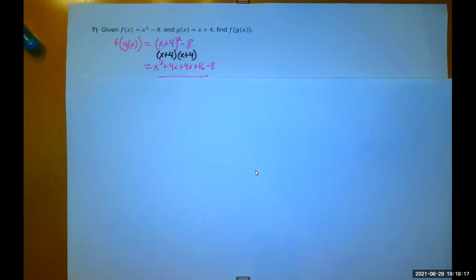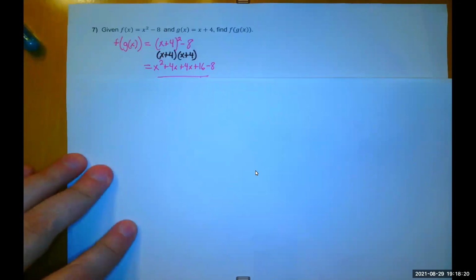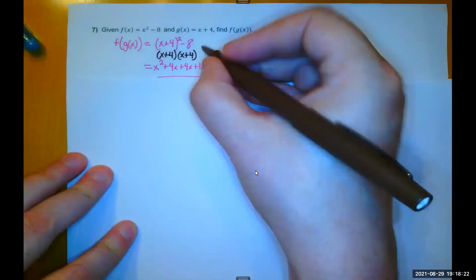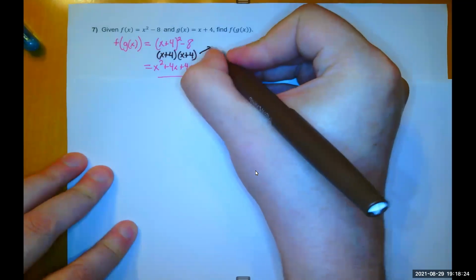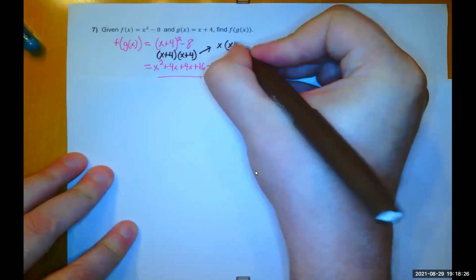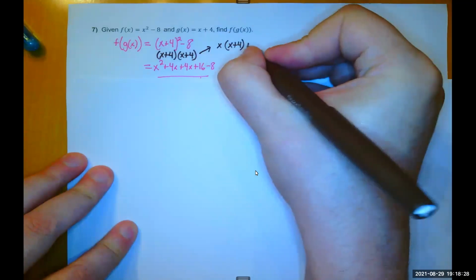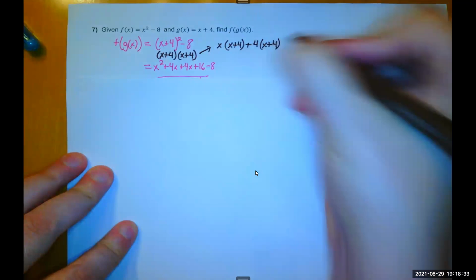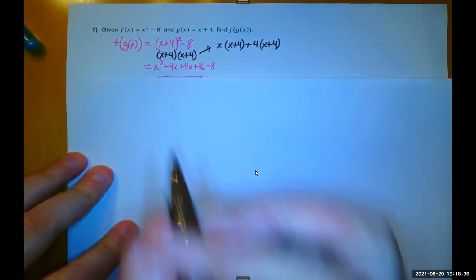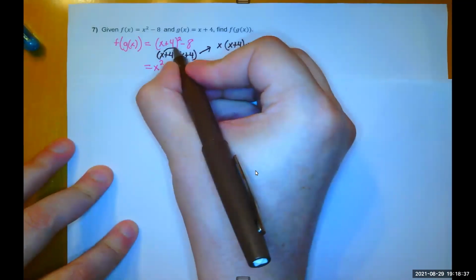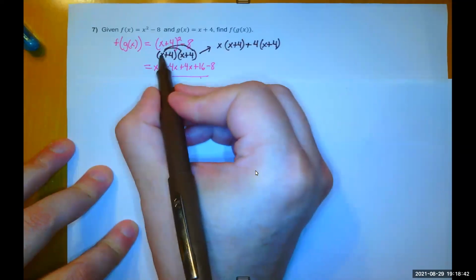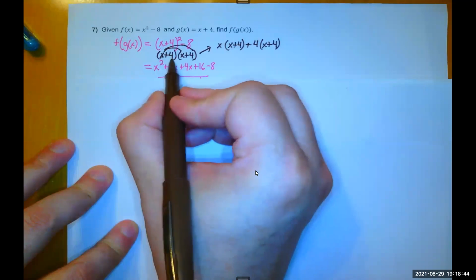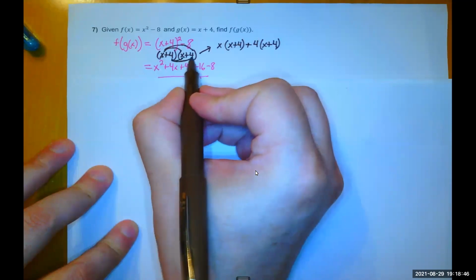And when we have x plus 4 times itself, that's 2, count them, 2 distributive situations here. We have x multiplying x plus 4, and we have 4 multiplying x plus 4. Another way you could think about what's going on here, you can always draw some connecting lines to remind you that you have x times x, x times 4, 4 times x, and 4 times 4.